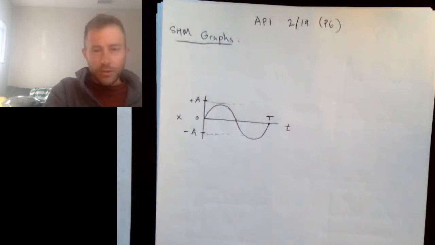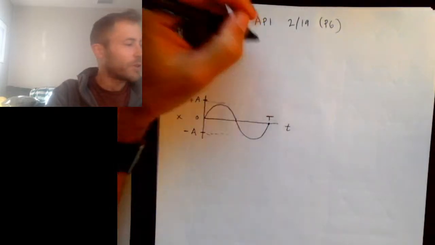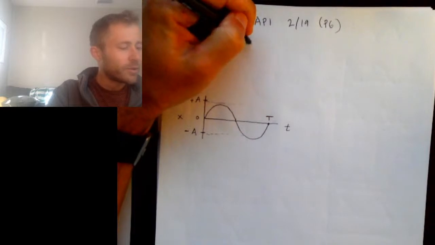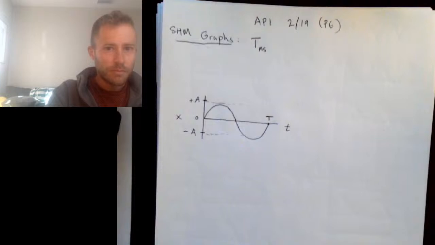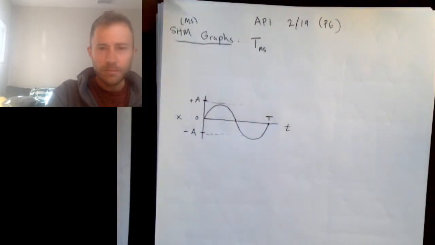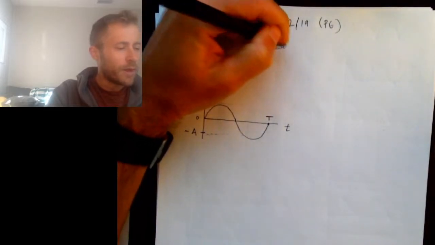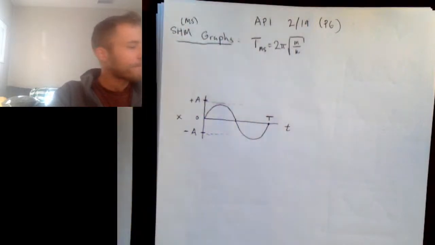To do that, we're going to need a couple of formulas, which I will write up here. You already learned all of these formulas. There's the period of a mass spring system, which is 2 pi square root of m over k.